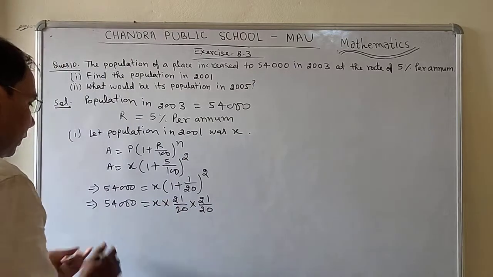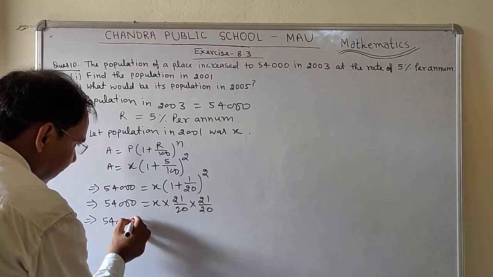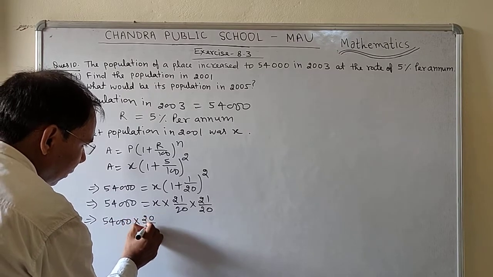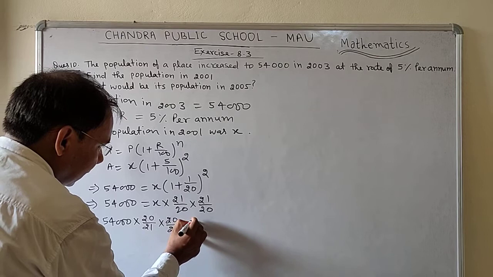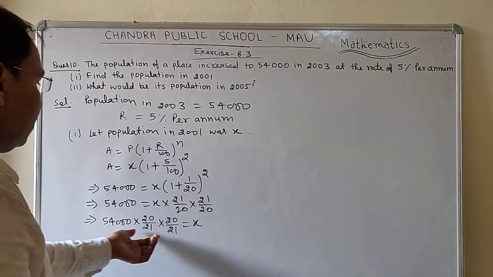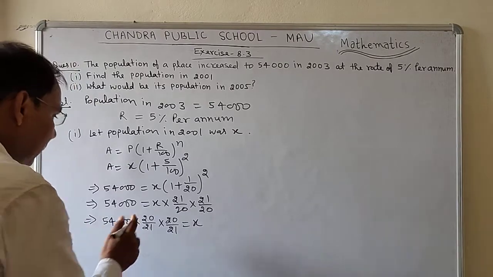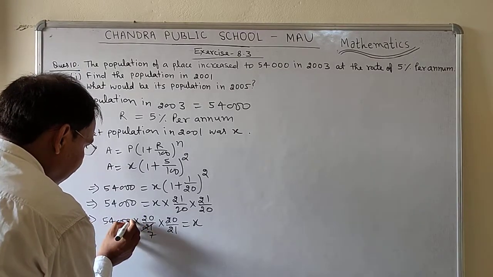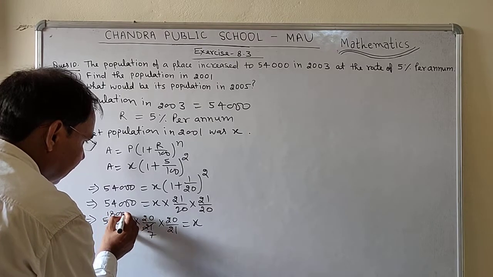So send the other value to the left side. It will be 54,000 into 20 upon 21 into 20 upon 21, which is equal to X. So you need to calculate this, and I think it will cancel: 3 times 7 is 21, 18 times 3 is 54, and it will be 18,000.